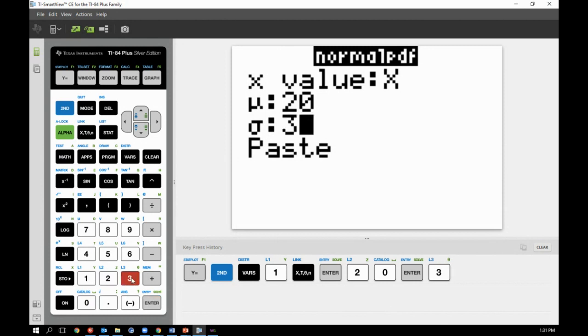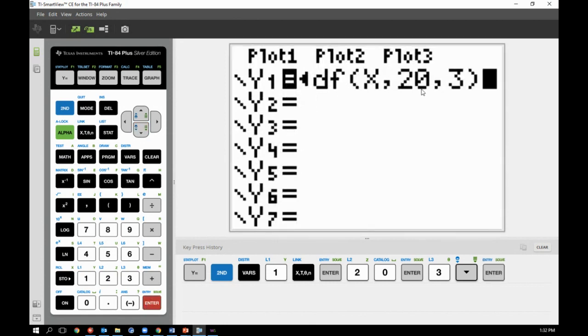That one's going to be 3. So once we get that, we paste it in there and it'll plug it in for us. Now, if that menu didn't pop up, you just type in, like I said, X, comma, 20, comma, 3. And then hit enter.